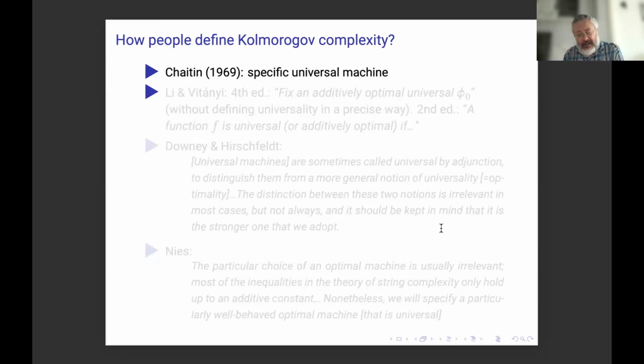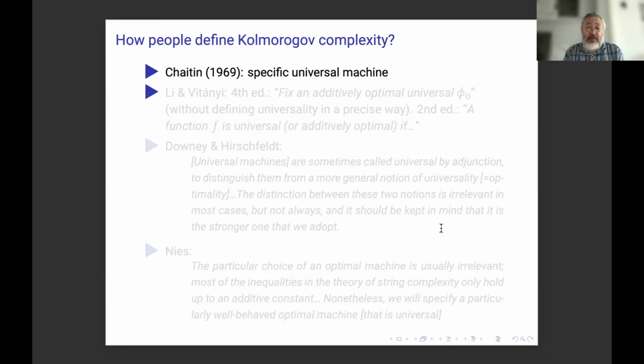So Chaitin, in 1999, wrote a paper where he considered just very specific universal machines. And in his previous paper of 1966, he didn't consider real Kolmogorov complexity. He has some considerations in terms of Turing machines, number of states, and so on.